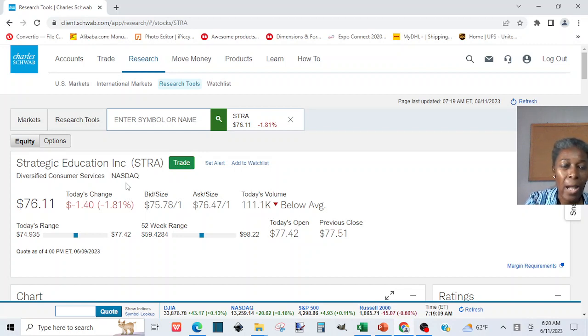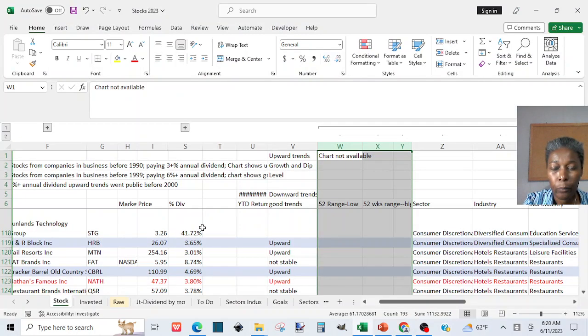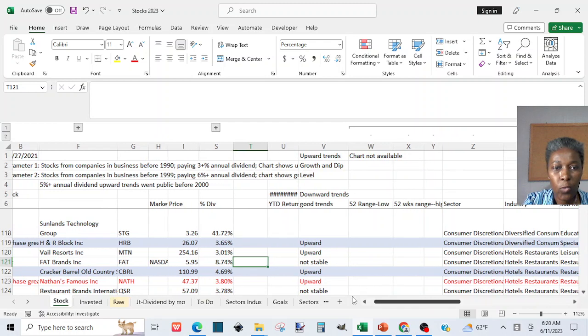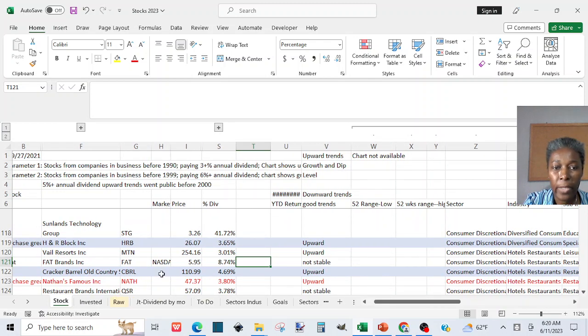Anything other than that, you eliminate that stock. You can see OTC, that's over the counter. You eliminate that stock. That means it didn't meet your requirement. So that's another filter to put your stocks through. So that's why we have a column for the markets they are sold on.